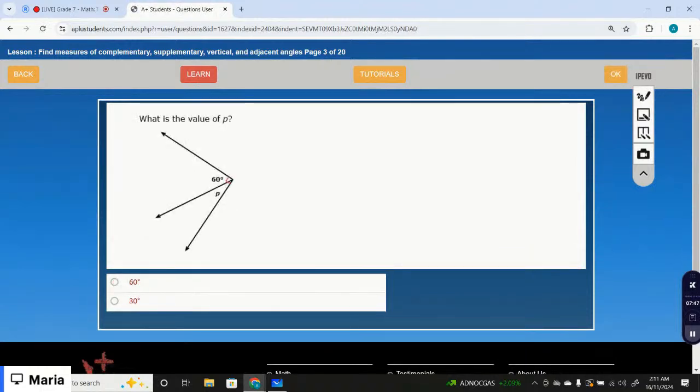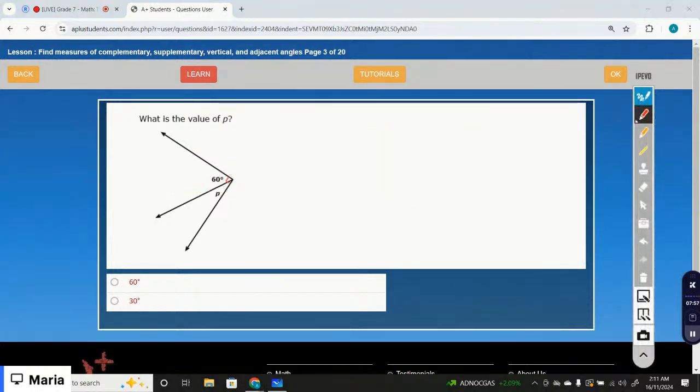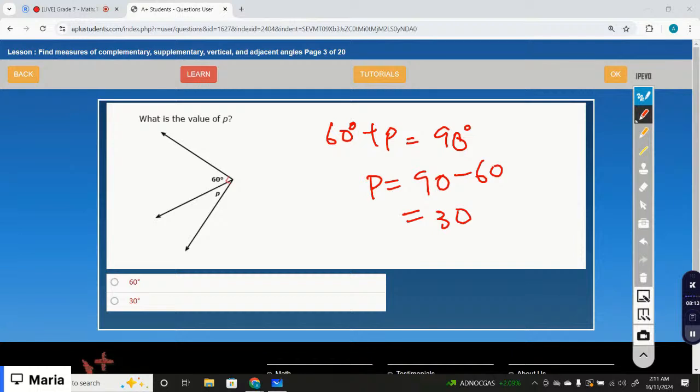What is the value of P? So this red sign tells you that is a complementary angle, right? And complementary angle sums to 90 degrees. So that means 60 degree plus P equals 90 degree, right? So then P equals 90 minus 60. So 90 minus 60 is 30 degrees.